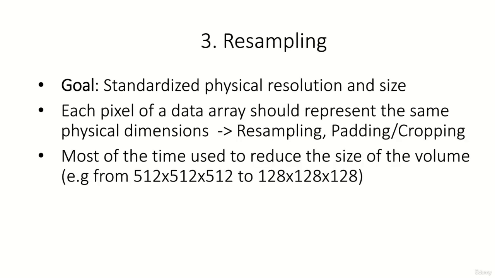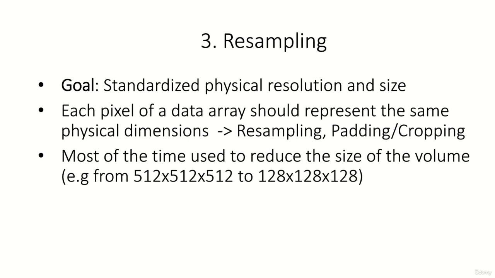When performing resampling, our overall goal is to get a standardized physical resolution and size. This means that all your scans in the dataset have the same shape and all voxels in all scans have the same physical resolution. As an example, each voxel might cover an area of 1 × 1 × 1 millimeter.